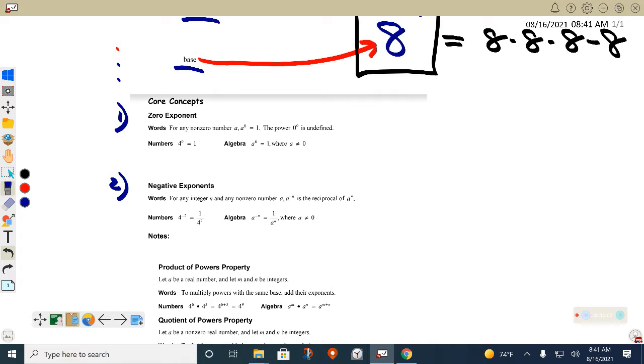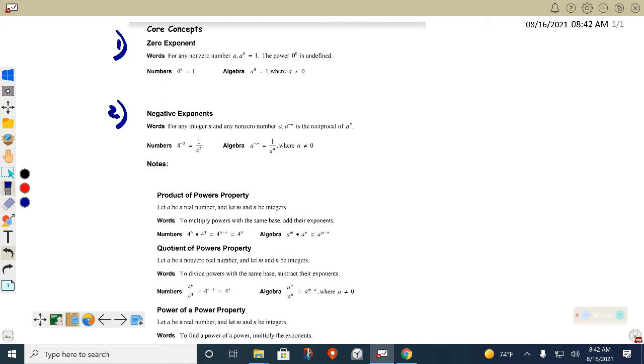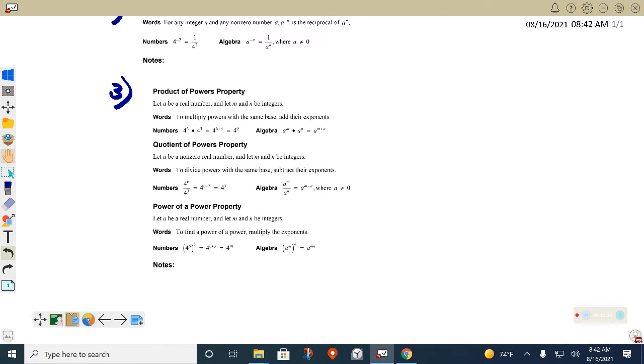The first one is 0 exponent. 2 is negative exponents. The third rule is the product of powers property. So these are just rules, okay? Rules of exponents. The fourth is quotient of powers.